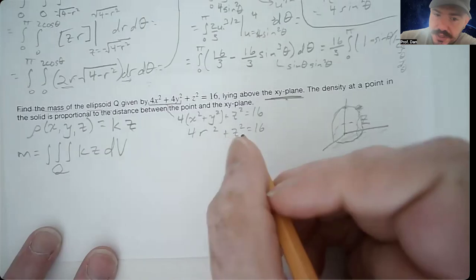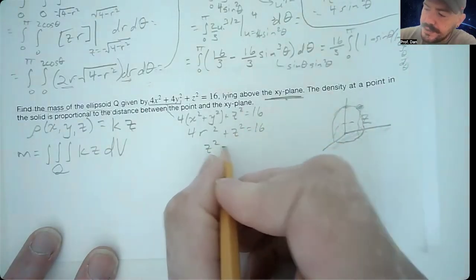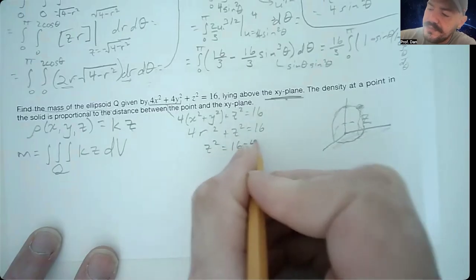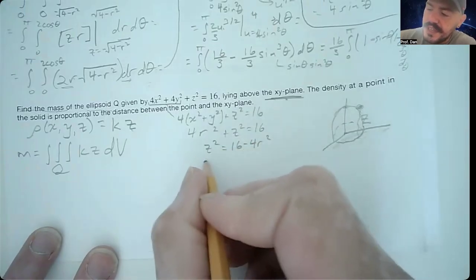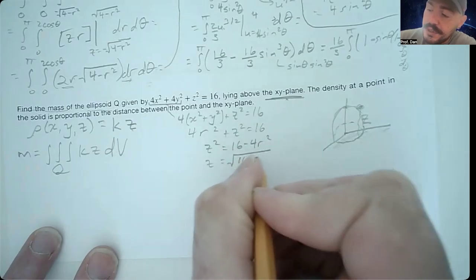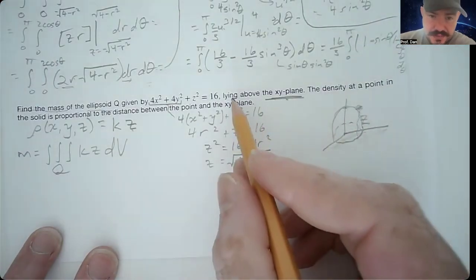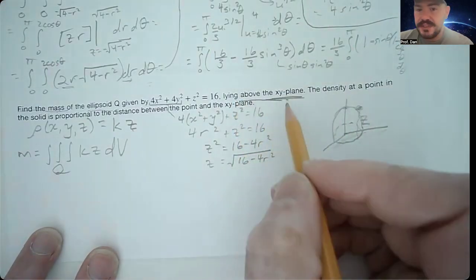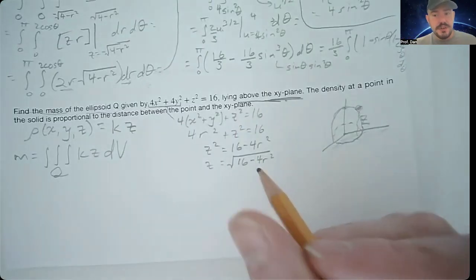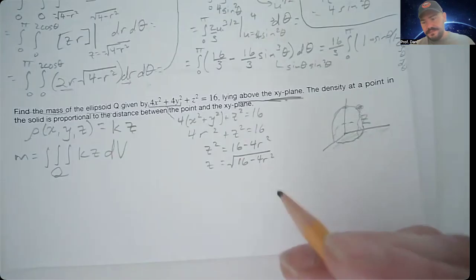And we know that we want to solve for z. So I'm going to subtract 4r squared from both sides, and then I'm going to take the square root of both sides. Now, for this one, I'm only going to consider the positive root because in the question, it told us to stay above the xy plane, meaning that we are only going to consider z coordinates that are positive.